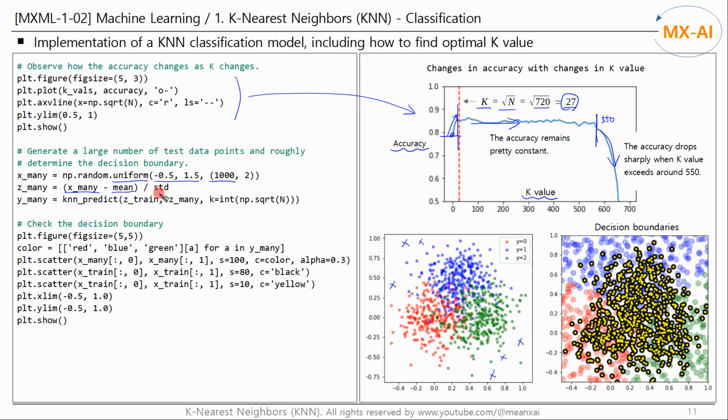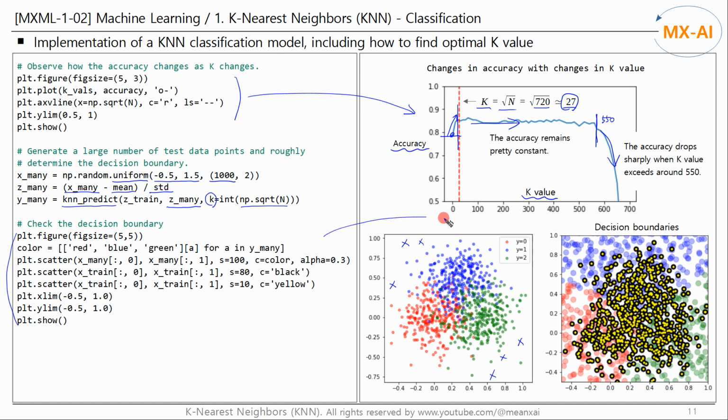We applied the mean and standard deviation obtained from the training data. And then we call this function to predict the classes of this test data. K was set to the value calculated by this formula. Finally, we use the predicted classes of this test data to determine the decision boundary.